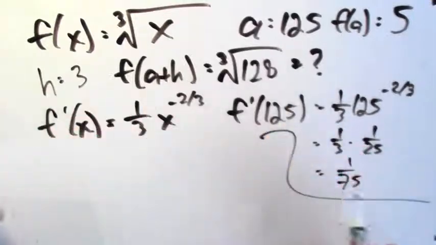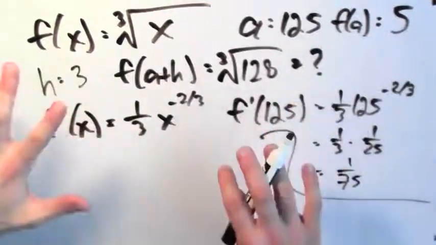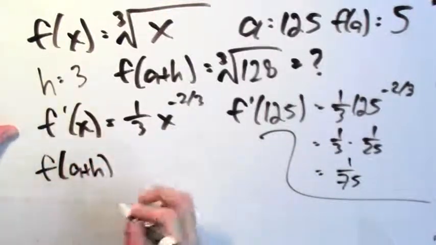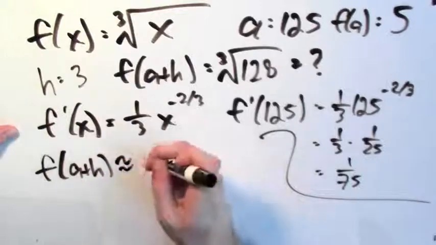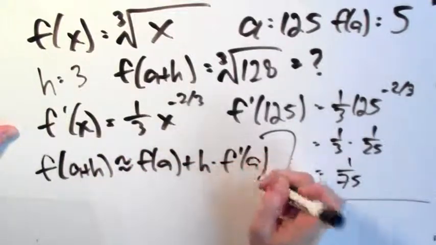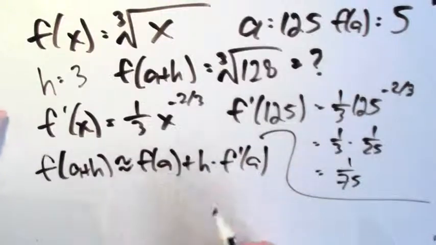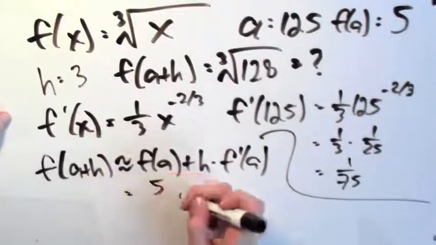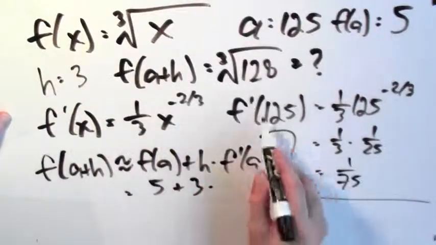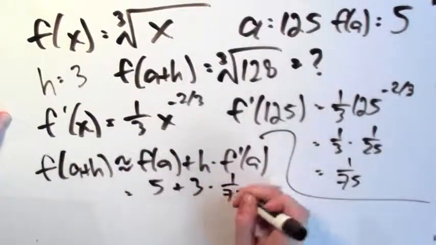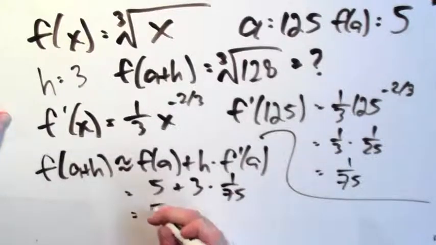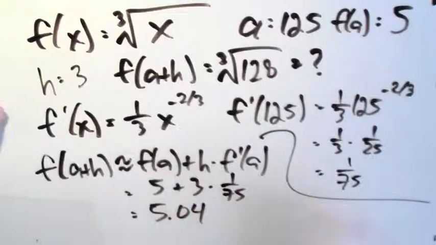Now, how does that help? Well, remember the other formula for this linear approximation game, that f of a plus h, which is what I'm trying to compute, should be approximately f of a plus h times f prime of a. And I know what all of these quantities are now. f of a is 5, h is 3, and f prime at a is 1/75th. And 5 plus 3 times 1/75th, that's 5.04.